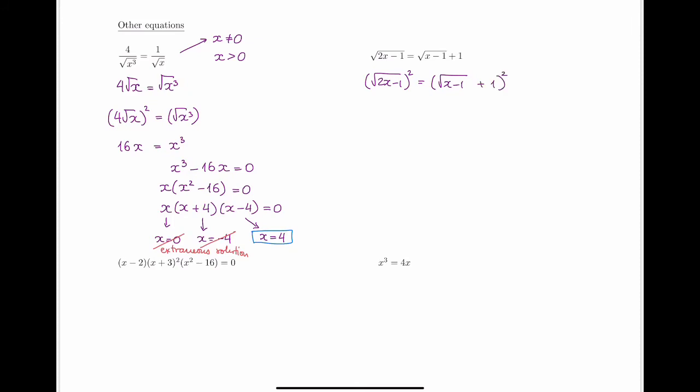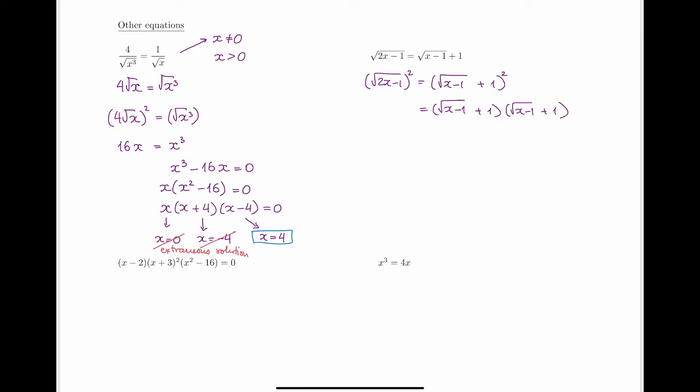So notice here that rewriting this sort of forces me to realize that I cannot simply bring the square down on both of these things because this is a sum, not a product. So I cannot distribute it this way, which means that I will actually have to expand this out. So I'm going to have to write this twice and multiply across all of the terms and FOIL it in.